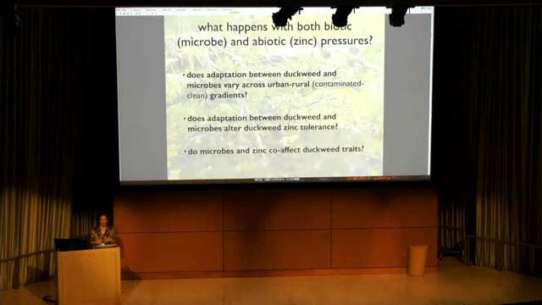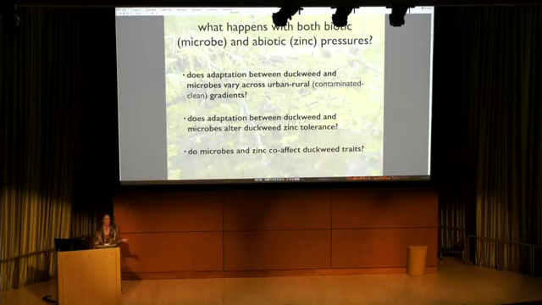So what I think about is what's happening when plants are responding to both biotic and abiotic sources of fitness variation, and will variation in an abiotic stressor along this urban-rural contamination gradient affect adaptation between duckweed and their microbes. I'm also going to talk about how adaptation might be altered by the presence of contaminants.